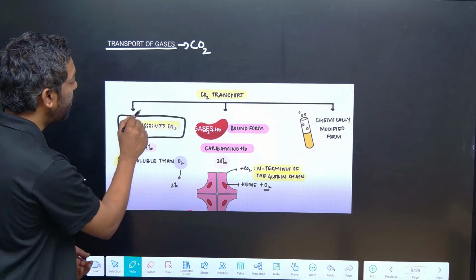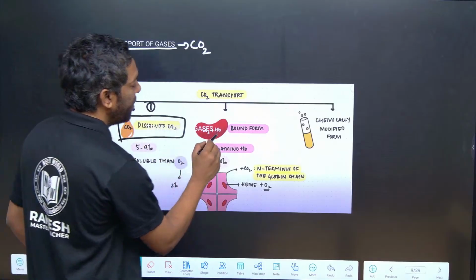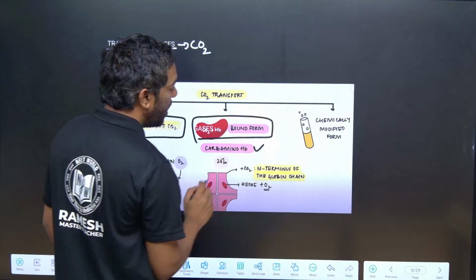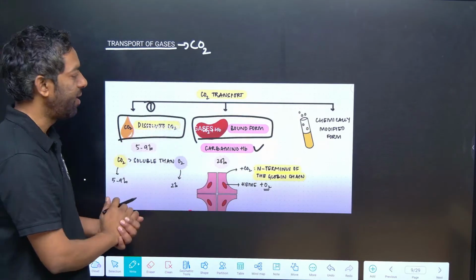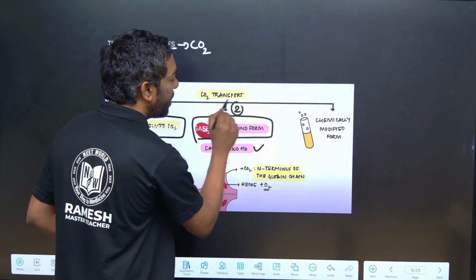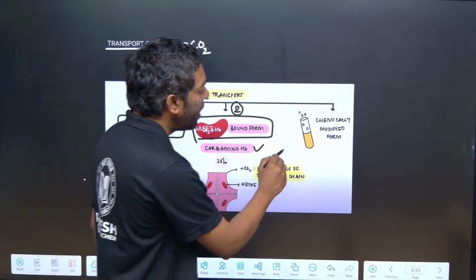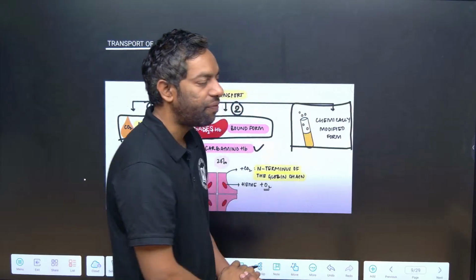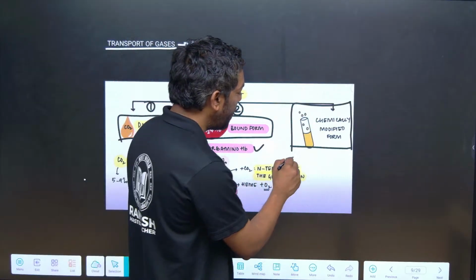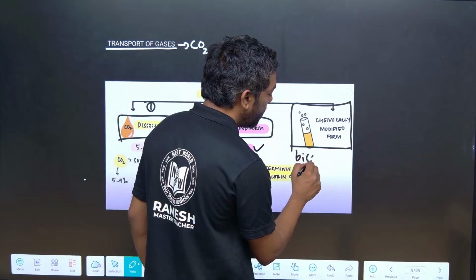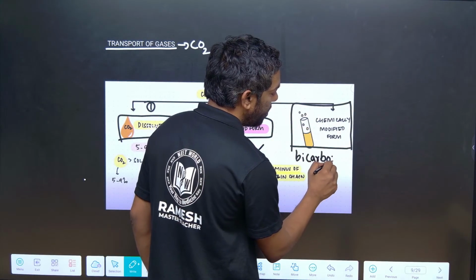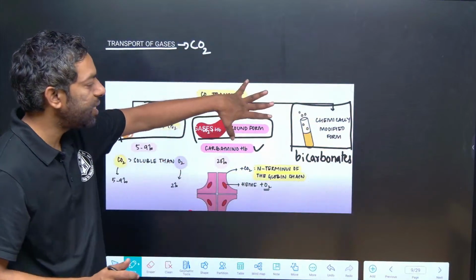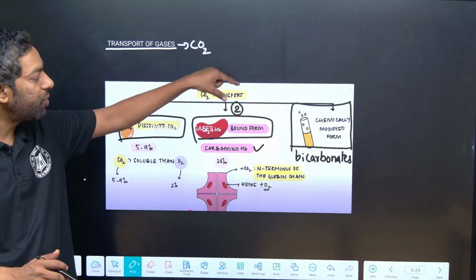Second is the bound form, which we call carbaminohemoglobin. And finally the chemically modified form, which is carbonates, bicarbonates. These are the forms in which CO₂ is transported.